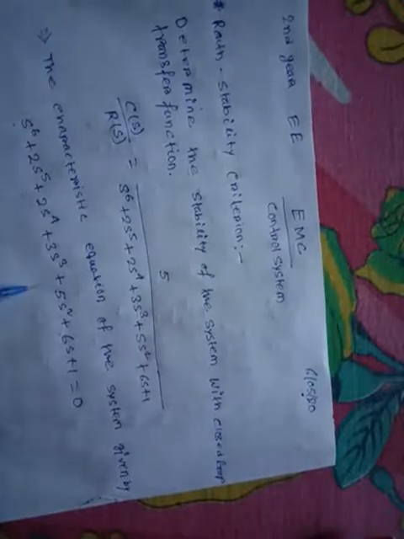First we determine the first row coefficients: 1, 2, 5. It is the first row coefficient.